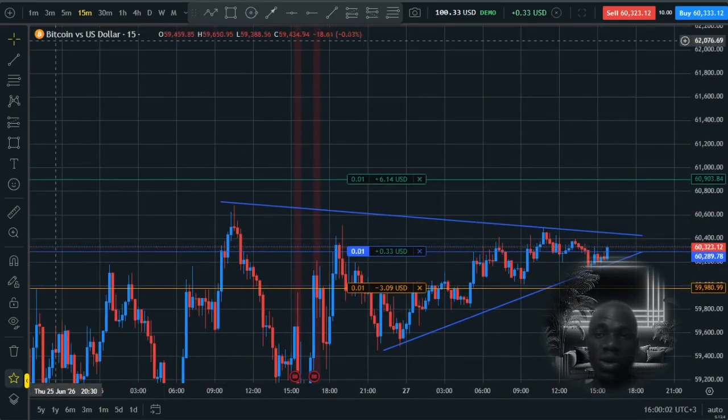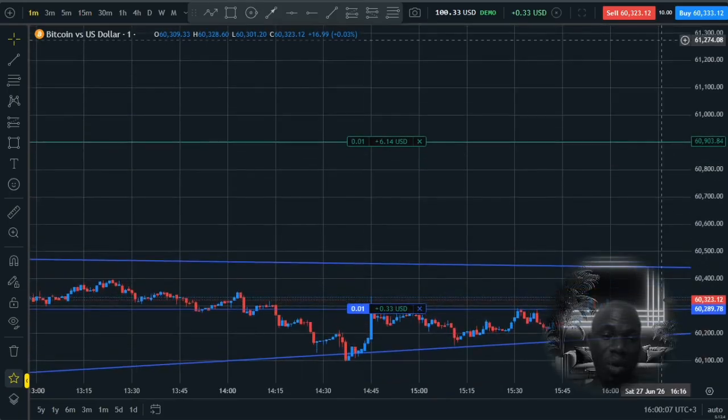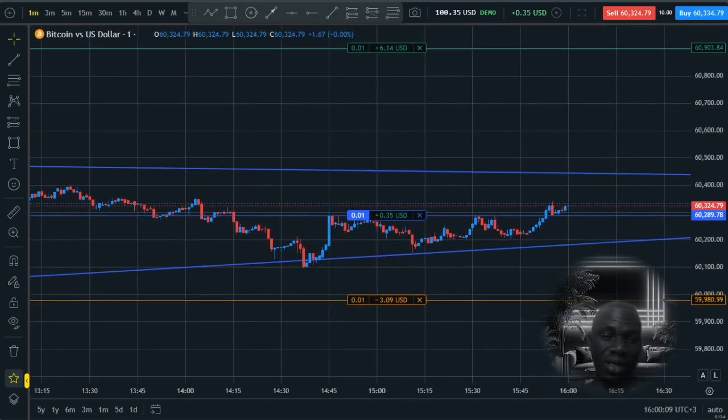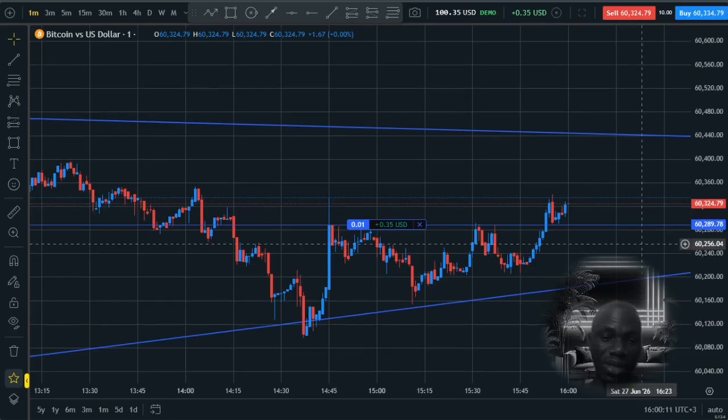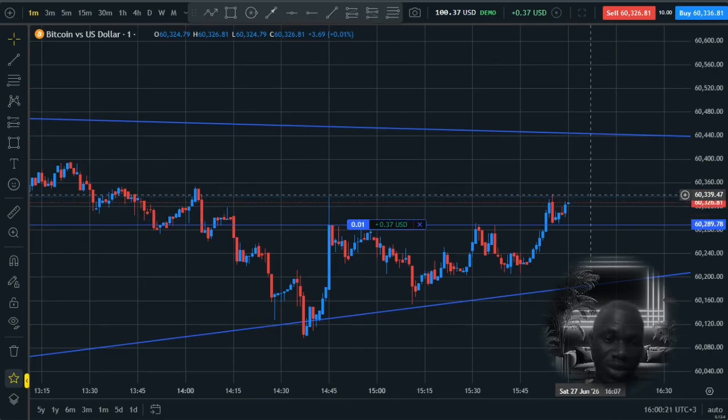For setting our breakeven, we only set it after 10 pips. It depends on the spread.